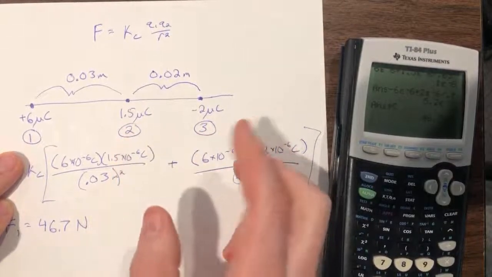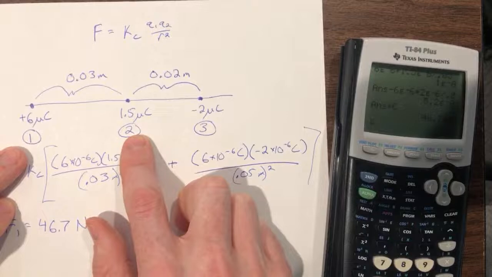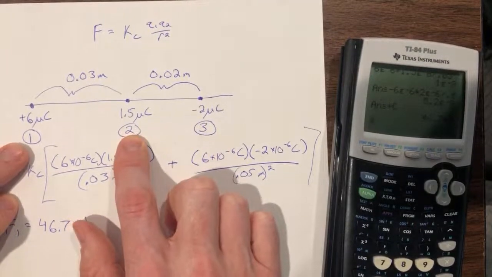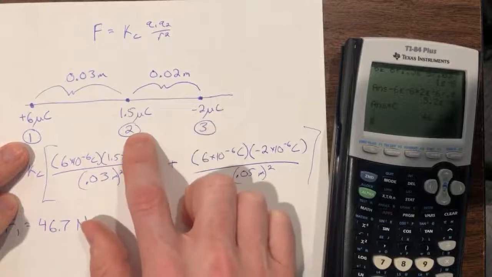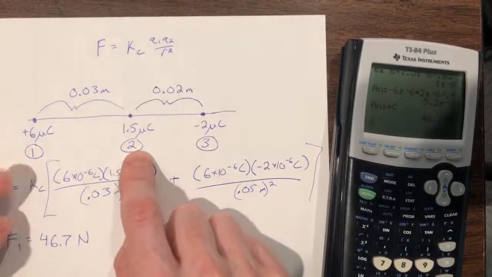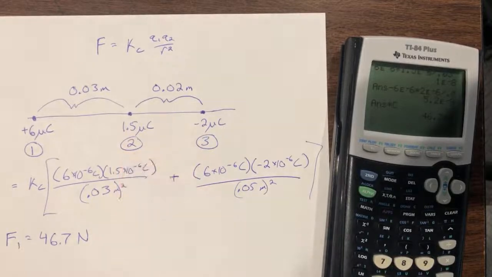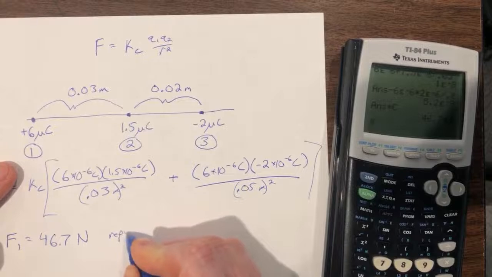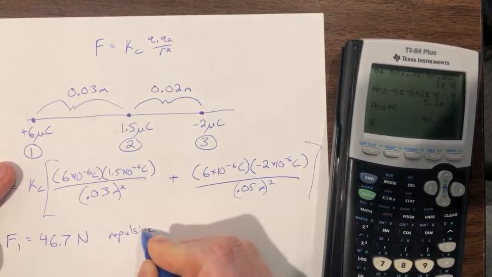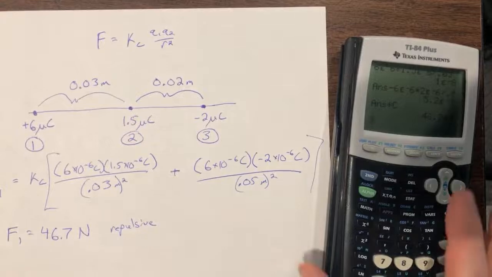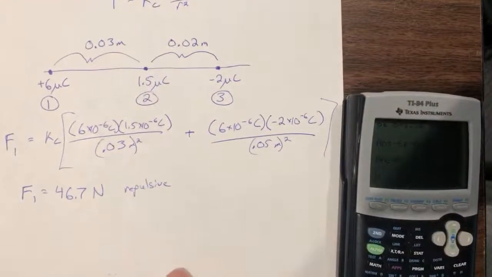So why in the world would it be repulsive rather than attractive? Well, the reason is because this one is so much closer than this one. And because the distance here is squared, that repulsive one is going to have a greater impact on what's going on. And so this is going to be a repulsive force. So we'll go ahead and leave positive as repulsive and negative as attractive there without changing any of those signs.